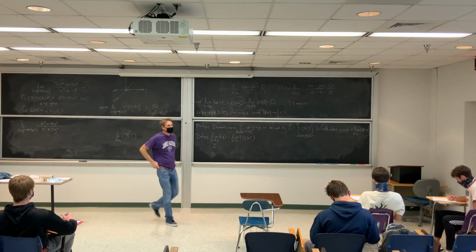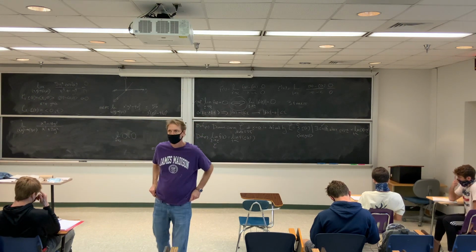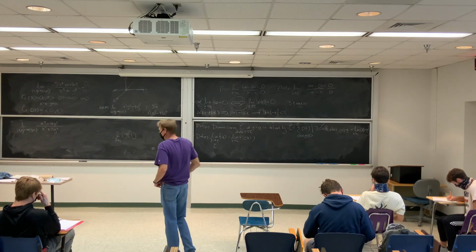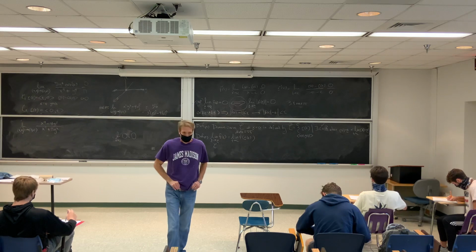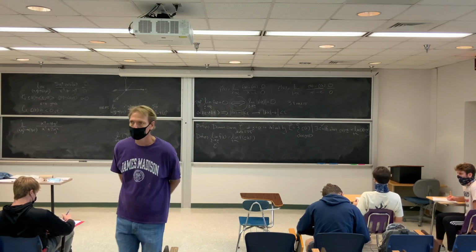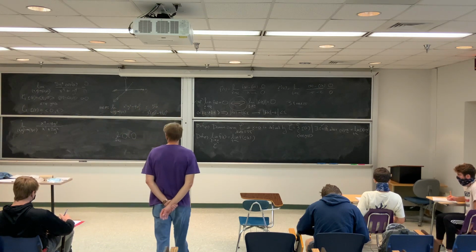Now, where does the numerator go? 0. Where does the denominator go? 0. So you're like, crap. So try to find two space curves that you can run along that might give you different numbers.